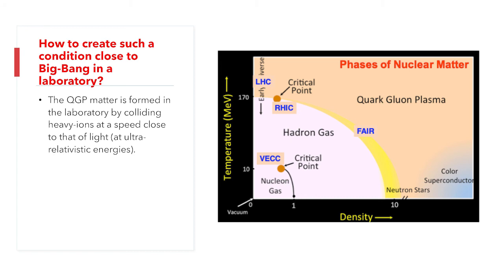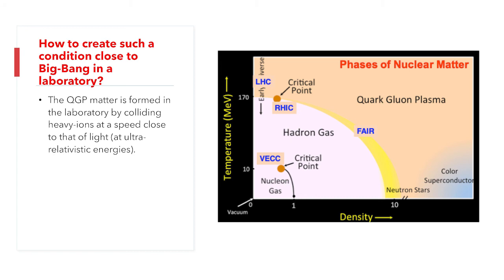Now there is a state diagram. If you remember your chemistry classes, there's a state diagram of water. Similarly, there is a state diagram of attaining this quark gluon plasma. As you can see in this graph, there are phases of nuclear matter. On the x-axis is the density, and on the y-axis is the temperature in mega electron volt.